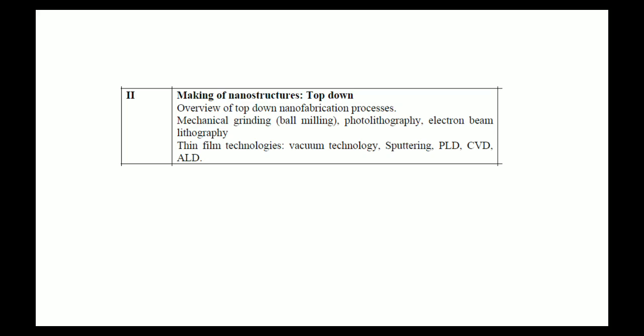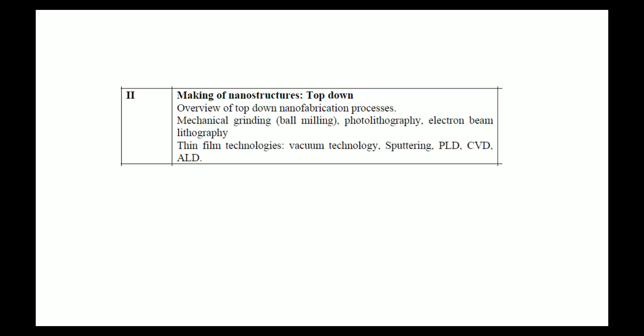And we have made these two different chapters because we have classified the synthesis techniques based on two broad approaches. One is a top-down approach and the second is a bottom-up approach.